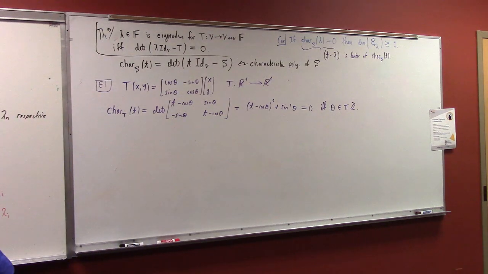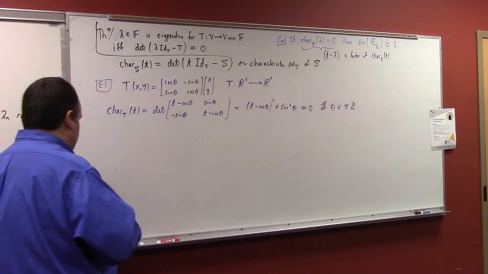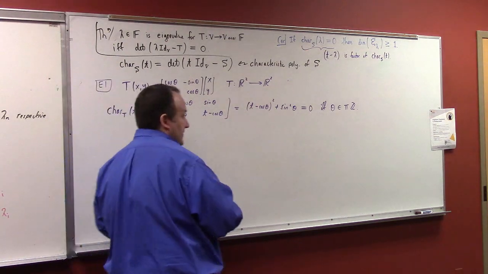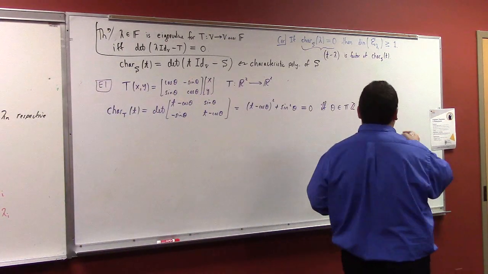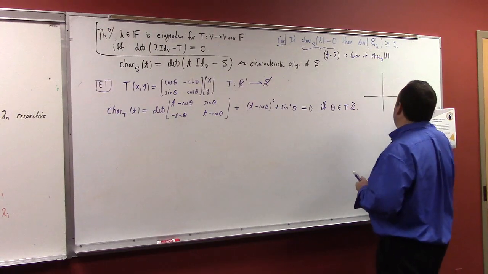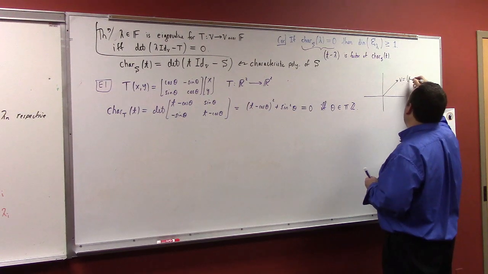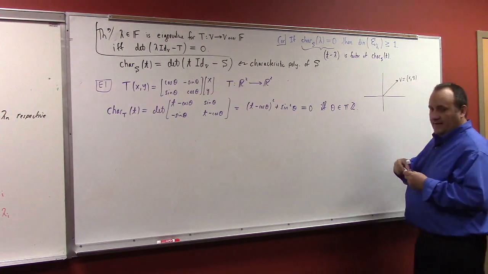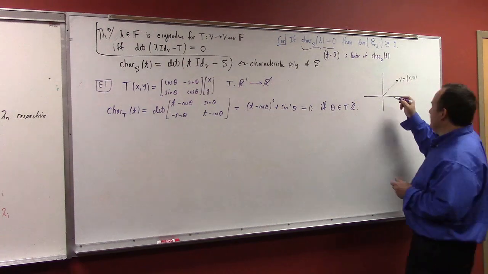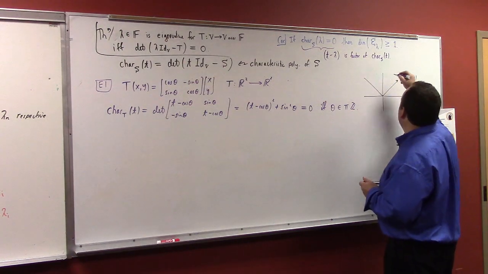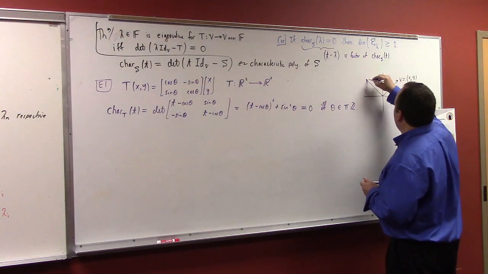And this is totally unsurprising, because if you think about it geometrically, what is this? This is a rotation, right? So if we picture V, which would be xy, let's say, and then you picture T of V, what does it look like? Well, maybe over here, right?